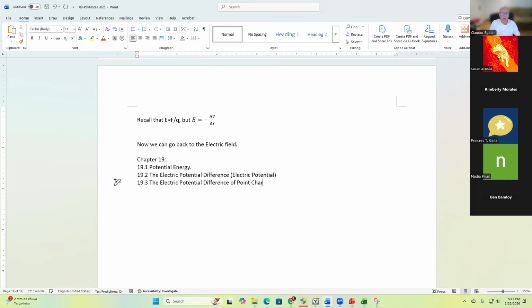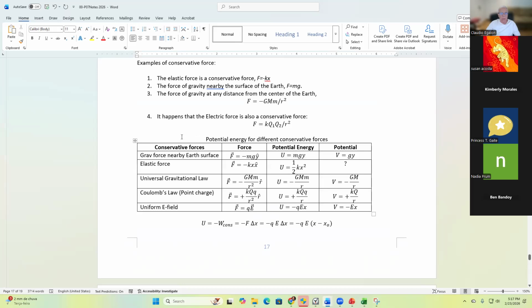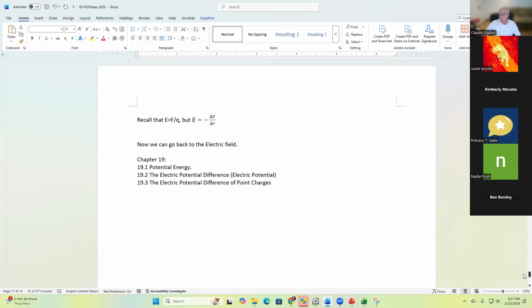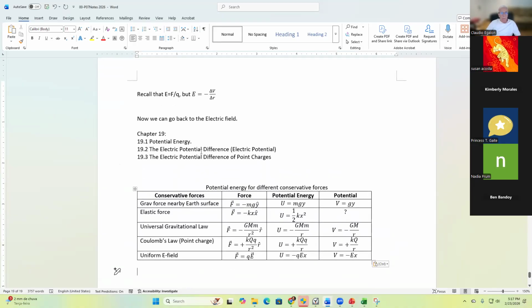We covered that as well, right? What I call electric potential is the same as the electric potential difference, okay? Here you go, the electric potential difference of two charges.